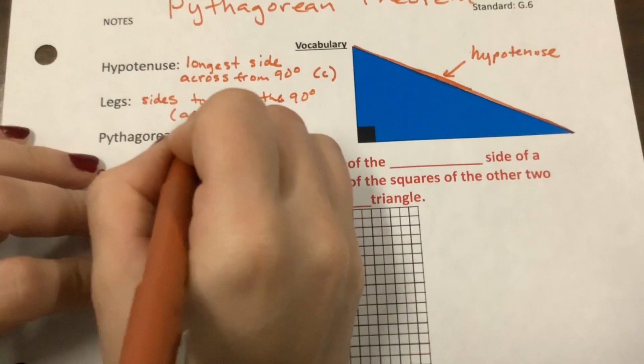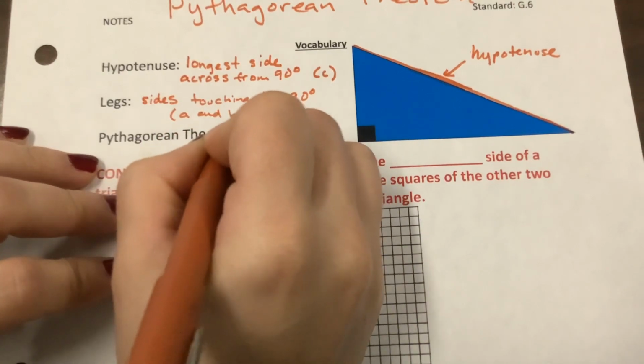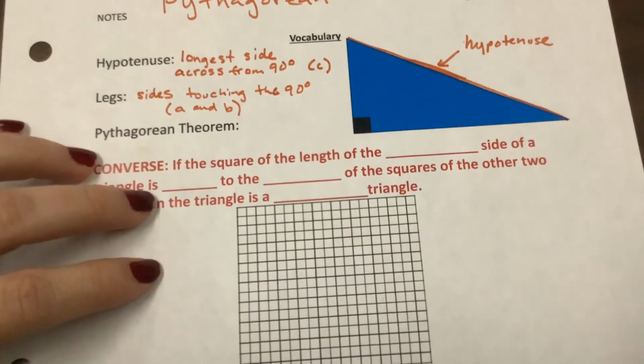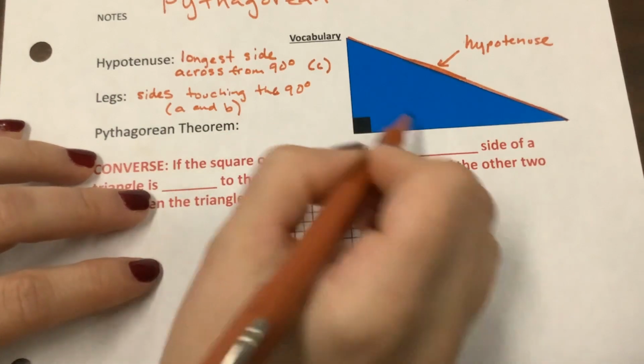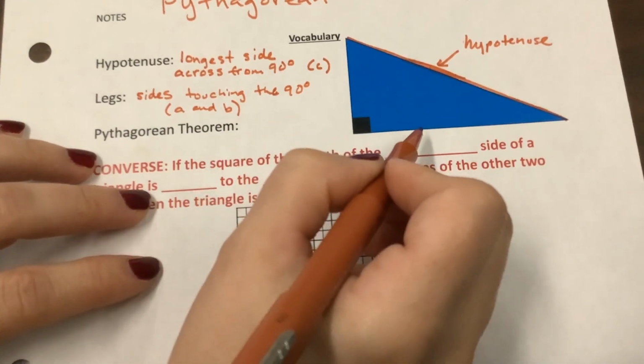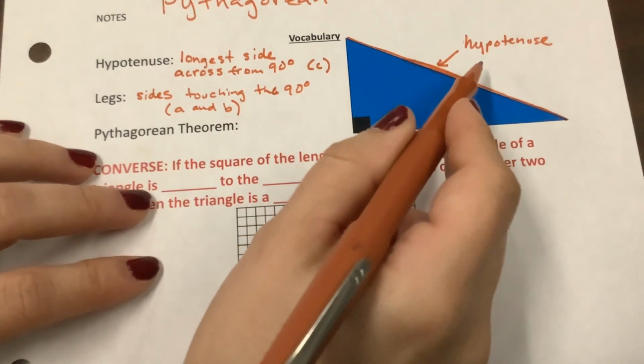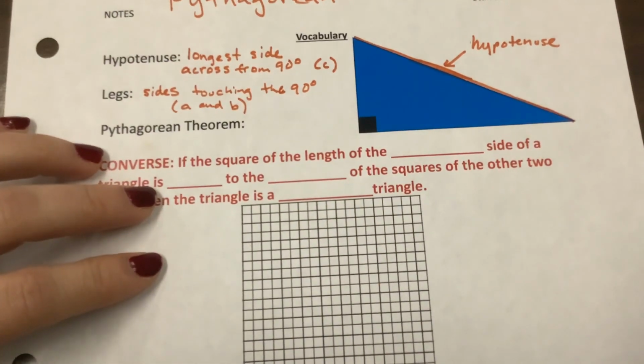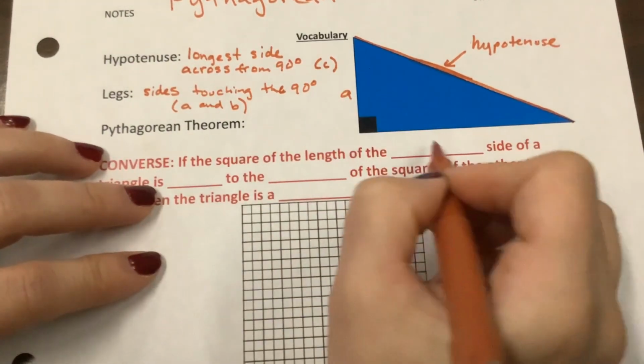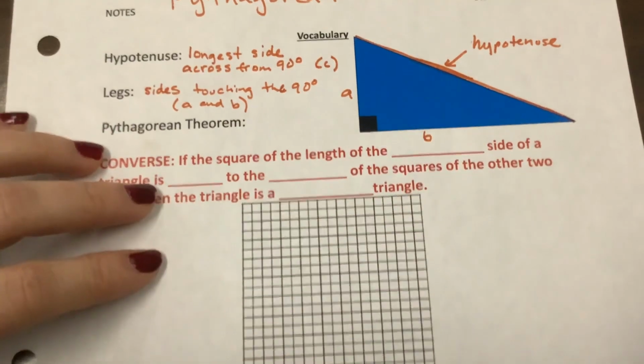And it doesn't matter which one's A and which one's B because they both share that same relationship that they're shorter than the hypotenuse. So if this is A and this is B, those are legs.